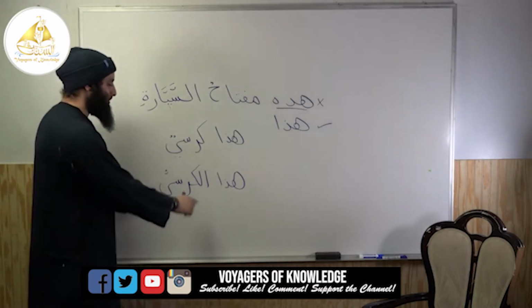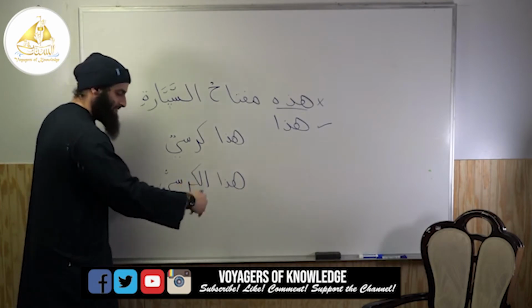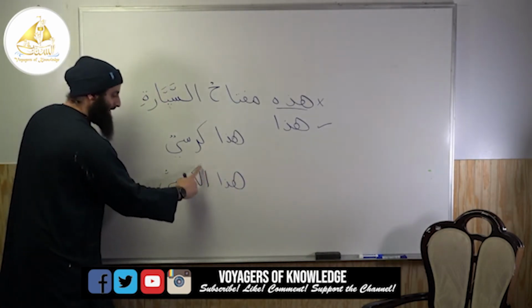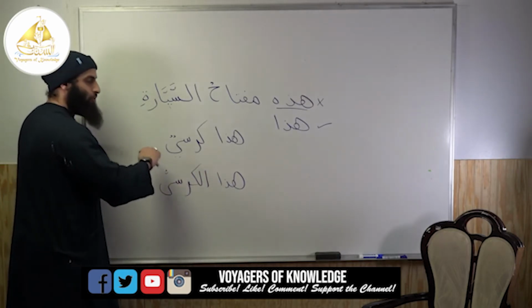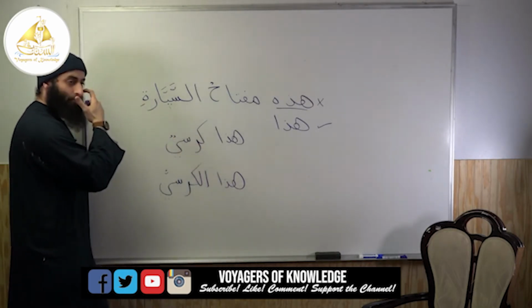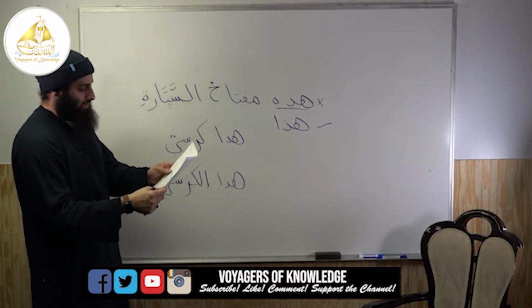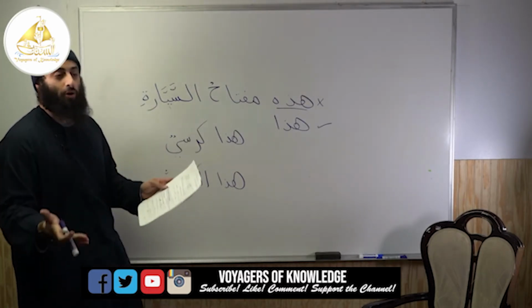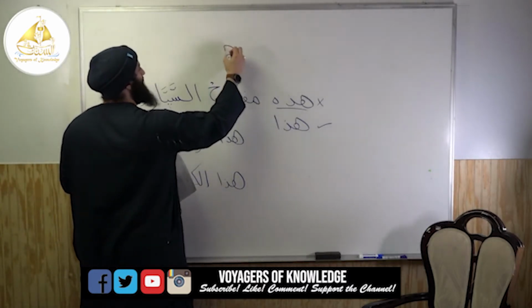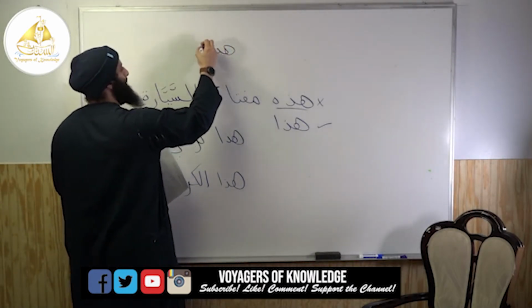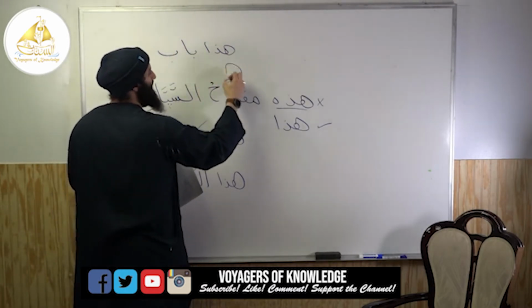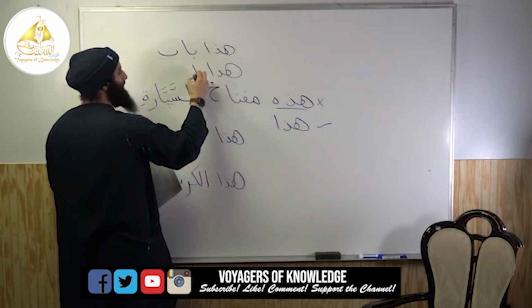All right? So, whenever you want to say this is something or this is that, you have to add alif and lam. If you don't want to specify, then you get rid of alif and lam. So if I said, and we're going to get to the one later on, this door, should I say هذا باب or should I say هذا الباب?